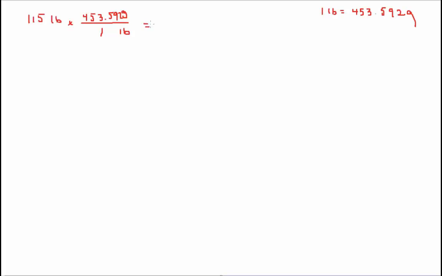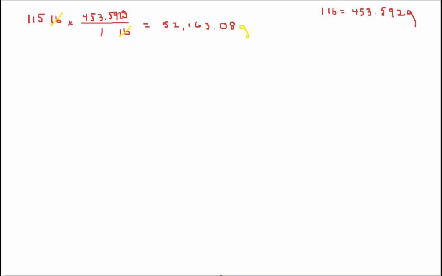And so what you'll do, since this value is in the numerator, I'm going to multiply 115 times 453.592, and what I get is 52,163.08.